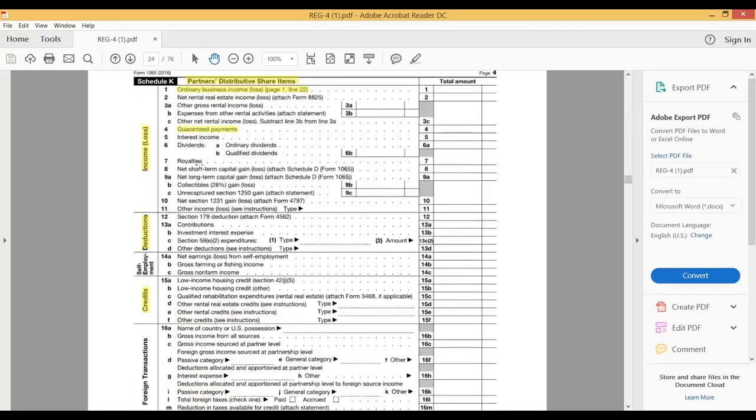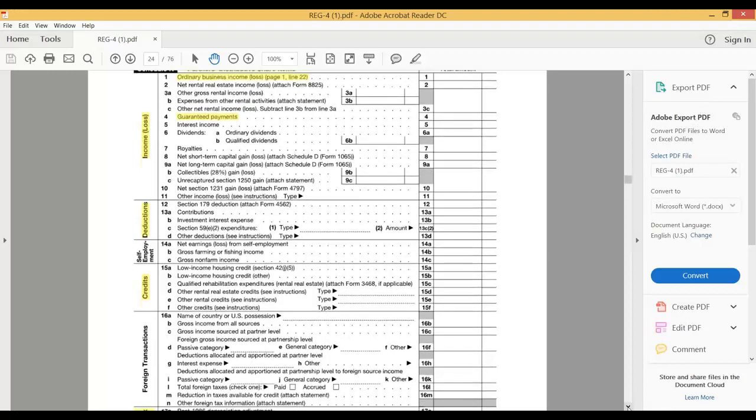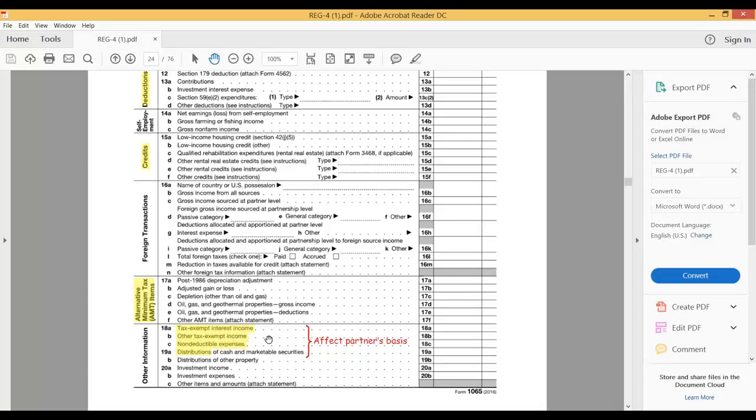Your interest, dividends, royalties, capital gains, capital losses, section 179, contributions, and even your credits. These are all separately stated items, even your alternative minimum tax, and items affecting the partner's basis, such as distributions or tax-exempt income.